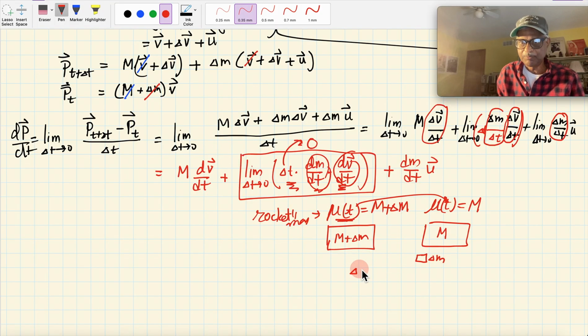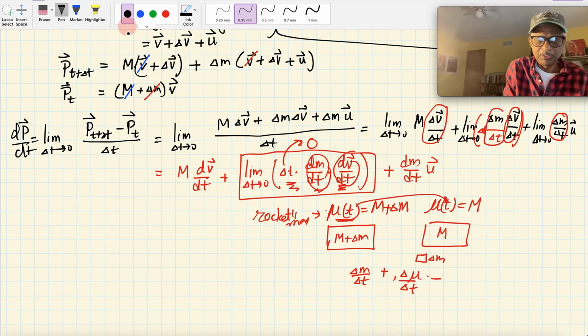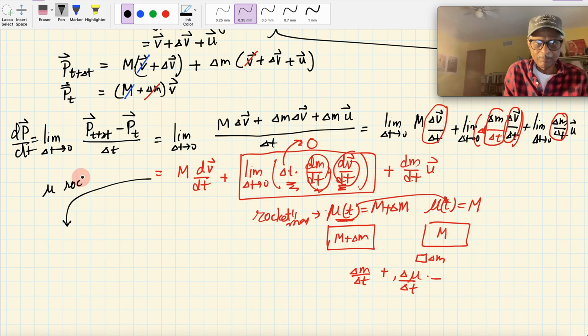So if delta m over delta t is positive, then delta mu over delta t will be a negative number. So its mass is decreasing. We can write everything in terms of mu, and normally people will say, write everything in terms of mu so you don't get confused. So mu for the rocket's mass.